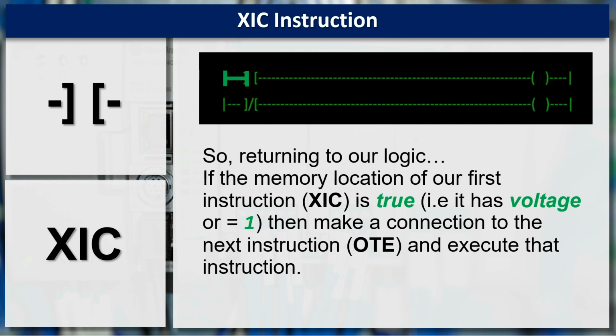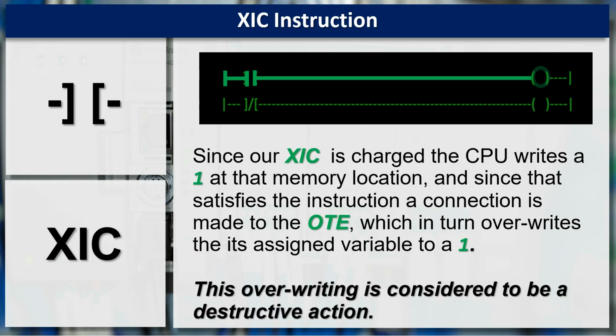So returning to our logic, if the memory location is true, that is to say it has a voltage or equals 1, then make a connection to the next instruction, the OTE, and execute that instruction. Since our XIC is charged, the CPU writes a 1 at that memory location, and since that satisfies the instruction, a connection is made to the OTE, which, in turn, overwrites its assigned variable to a 1.